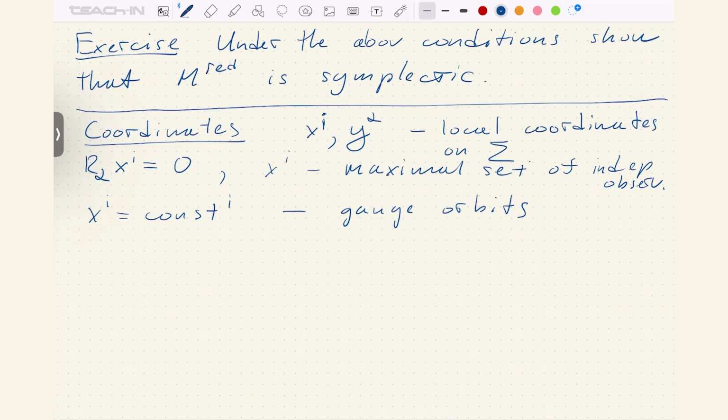So let's write down what our main objects are, right? So F observables. These are functions which depend on what? Observables are functions annihilated by these vector fields R alpha.